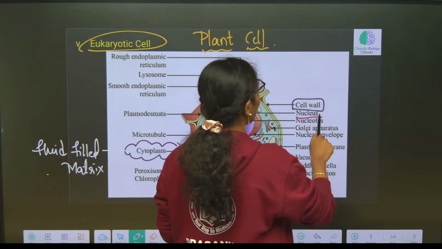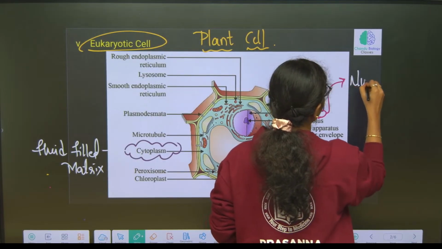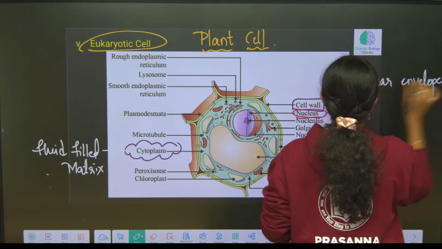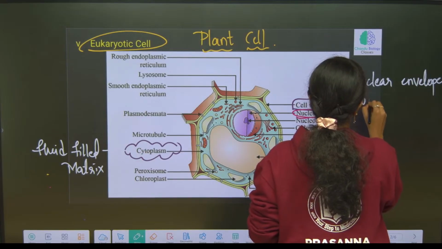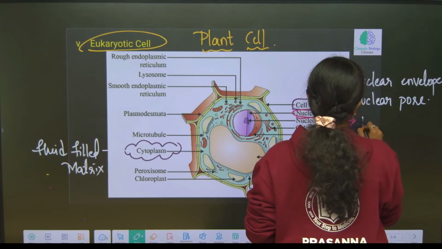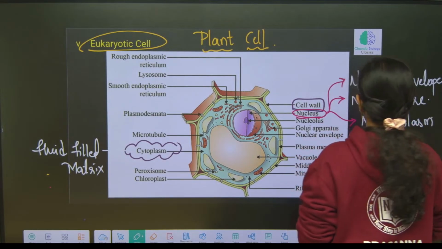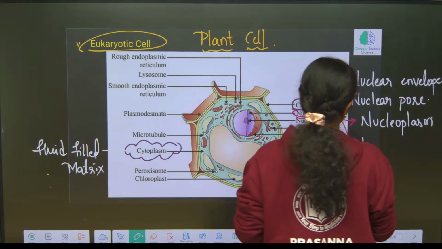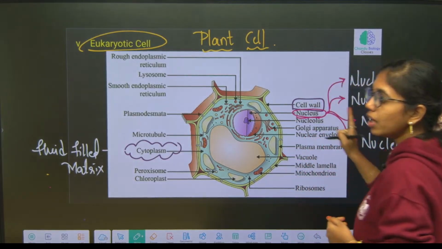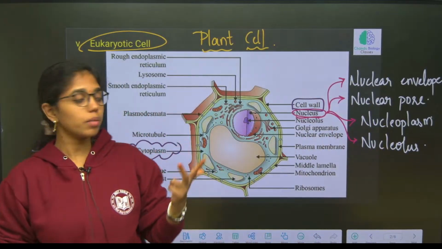The nucleus will have four major parts inside it: nuclear envelope first, followed by nuclear pore, and then nucleoplasm, and nucleolus. These are the components of a nucleus. A nucleus has these four components: nuclear envelope, nuclear pores, nucleoplasm and nucleolus.